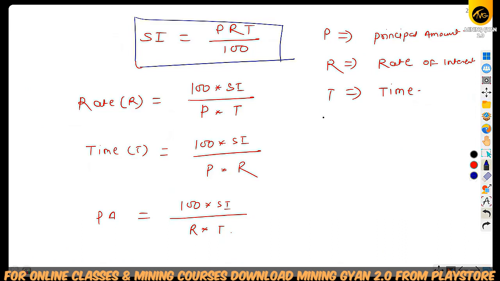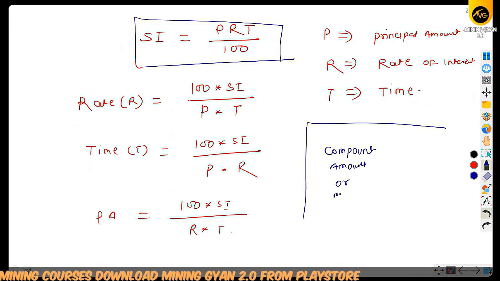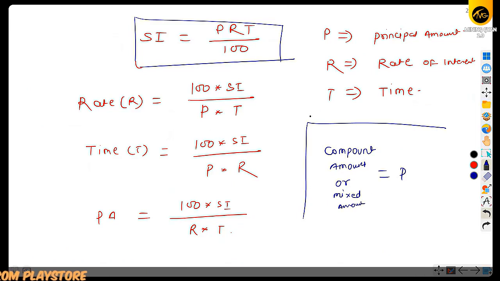Some other formulas used in this topic are like compound amount. If you want to find the compound amount, it is also called the mixed amount. हिंदी में इसको मिश्र धन बोलते हैं. ठीक है, मिक्स्ड अमाउंट और कंपाउंड अमाउंट is equal to principal amount plus simple interest.